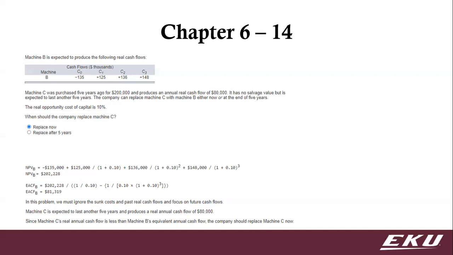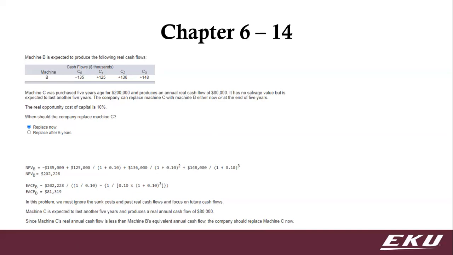And then you would say, okay, what's this annual cash flow equivalent, right? So taking that net present value, if you notice down there, it's the 202,000, right? That's what these cash flows would be worth, right? And so on an annual rate, that would be $81,000 a year, which is higher than the machine C's 80,000, right?